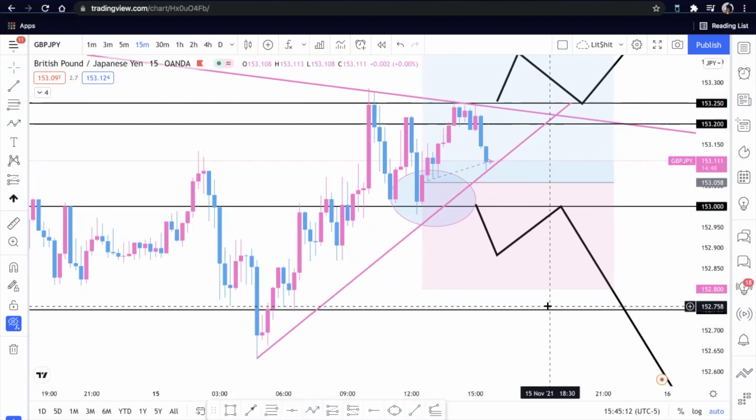If this does not go in the direction that I am projecting that it will, then of course we're going to be looking for sales. But right now it is out of our time frame to be looking for trades. So around like 6 o'clock, the market should be like leveled out because it'll be in a new session. But I'm going to come back with an update in a few hours. So I'll see you guys in a few.